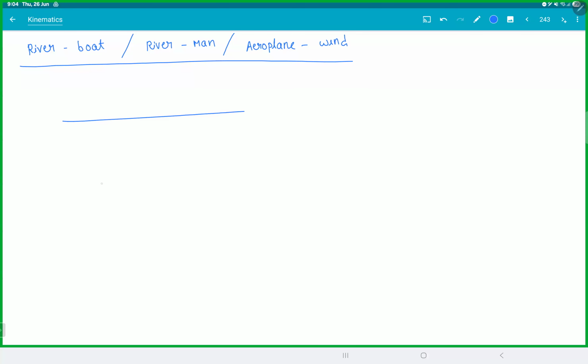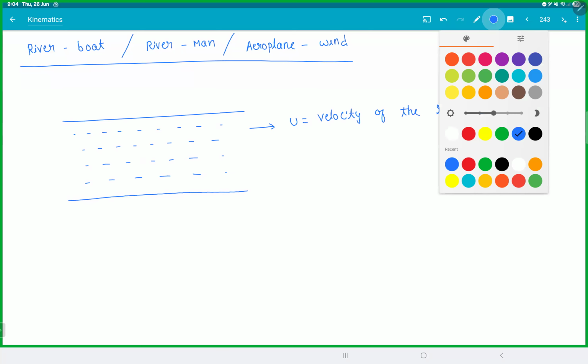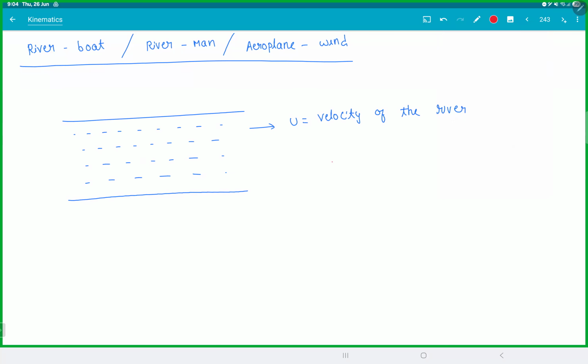So first thing, when you have a river, when you say u is the velocity of the river, what is the meaning of this? The meaning of this statement is if you take an object and drop it in the water, it will go with the river. That's what a river does. A river will simply give you an additional velocity u in the direction of the river.